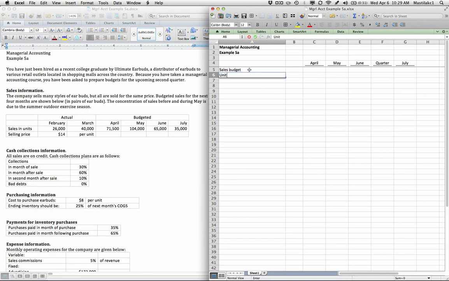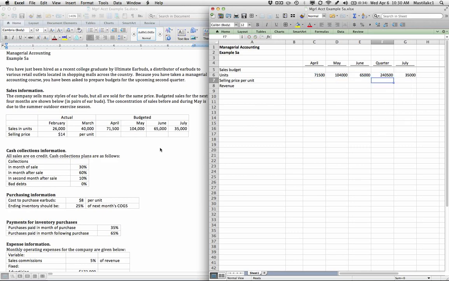So our sales budget is going to take the number of units sold, multiply by the selling price per unit, and determine our sales revenue. And we are told in our given data that we are expecting to sell 71,500 units in April, 104,000 units in May, 65,000 units in June, and 35,000 units in July.